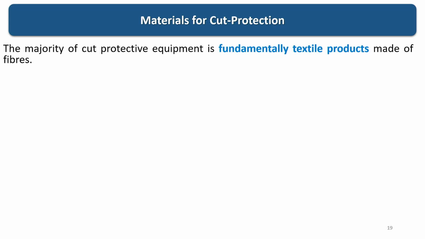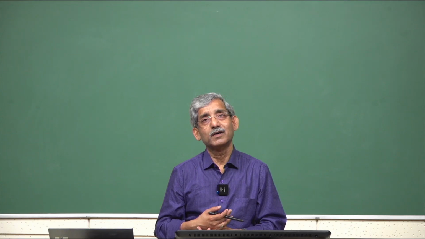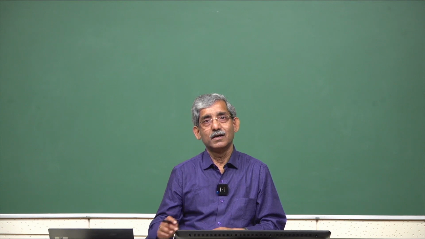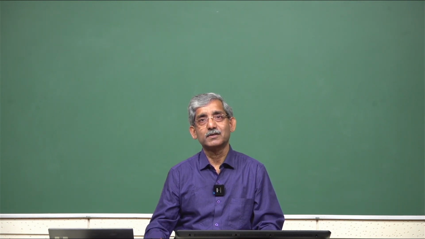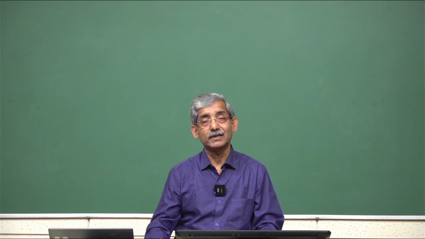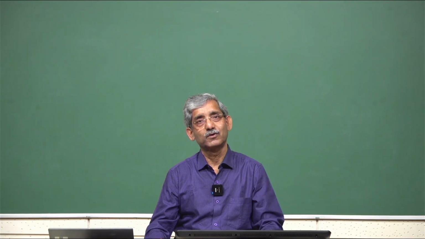The majority of cut protective equipment is fundamentally a textile product, that we should know. So, cut protective materials are mainly made from textile products, and they are made from fibers, which may be metallic fibers also.